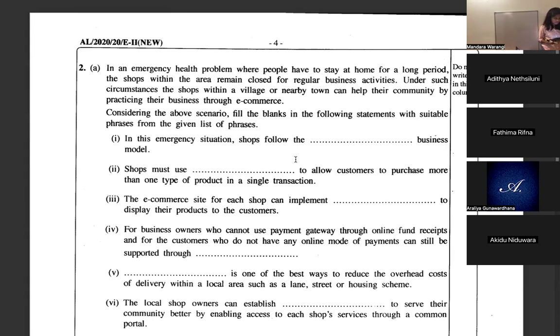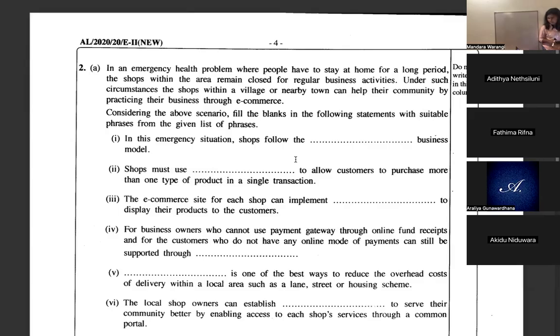Fill the blanks in the following statements with suitable phrases from the given list of phrases. So first is, in this emergency situation, shops follow the blank business model. What business model is this? They are asking about the business model.